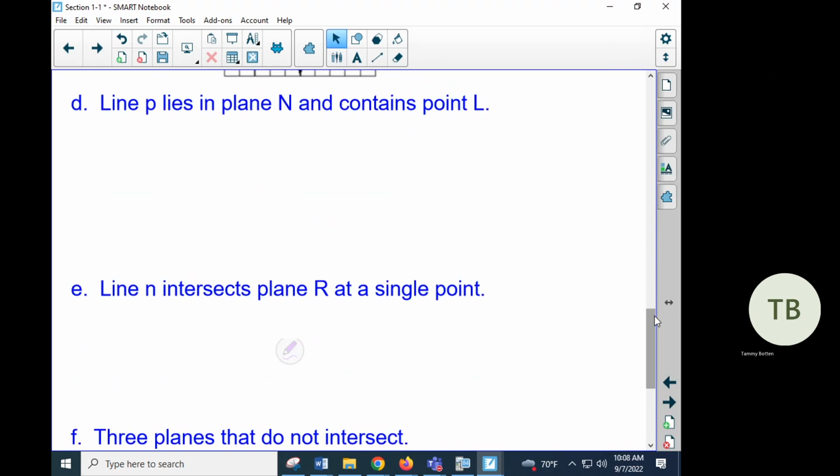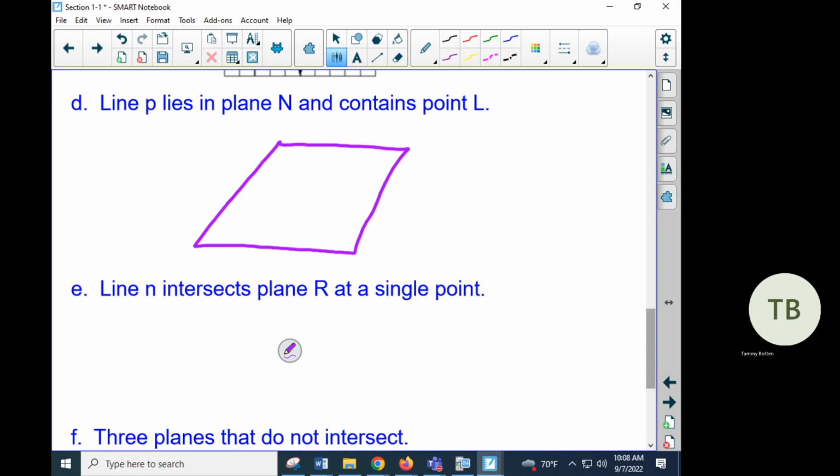So again, when you're talking about a plane and a line, it can either stab through or it can lie in or on the plane. So this one says line P lies in plane N. So I'm going to draw a plane and it's plane N. You're going to do a cursive capital N in one of the corners.